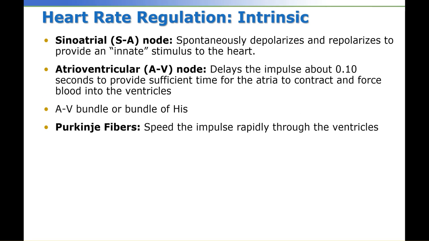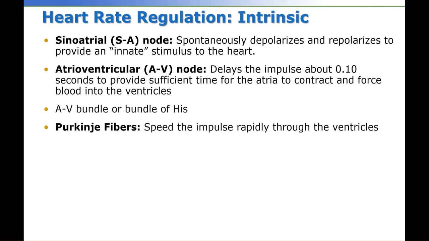Heart rate regulation, intrinsic. You have the sinoatrial node, SA node, whose spontaneous depolarization and repolarization provide an innate stimulus to the heart. Then you have the atrioventricular node, which delays the impulse about 0.1 seconds to provide sufficient time for the atria to contract to force the blood into the ventricles.